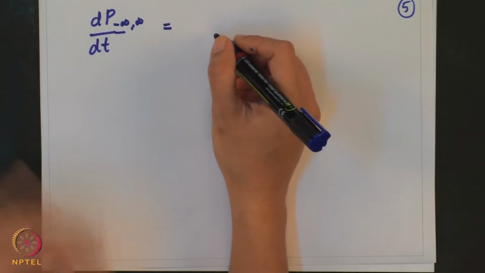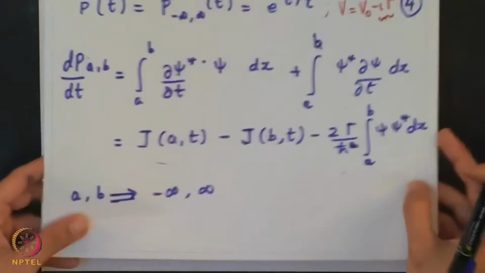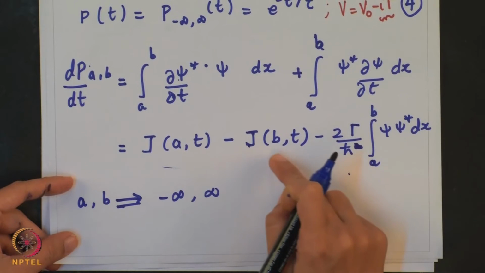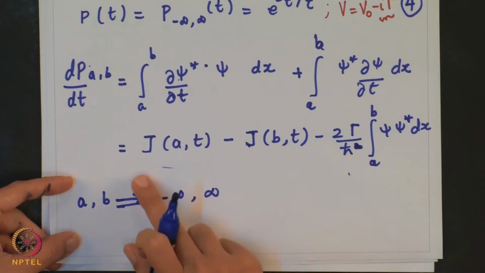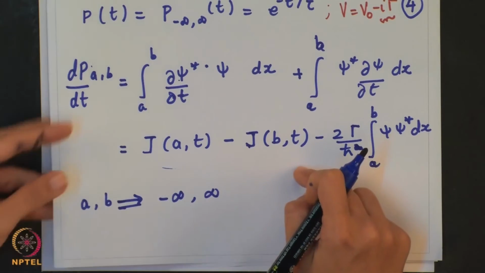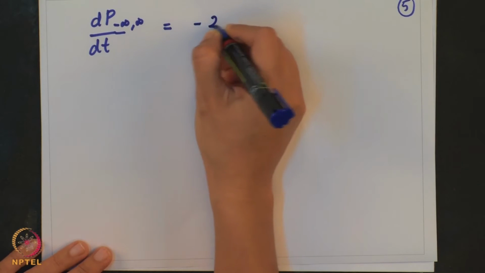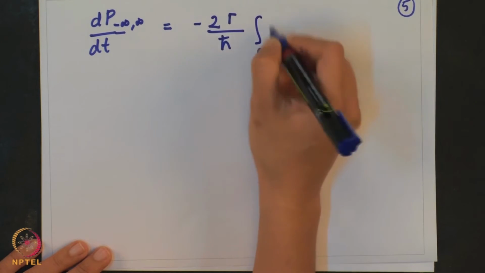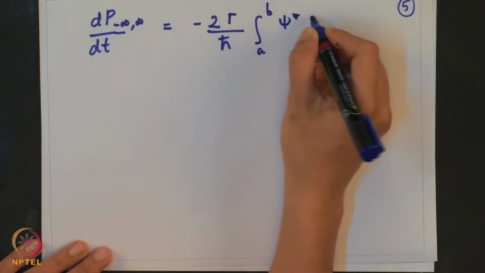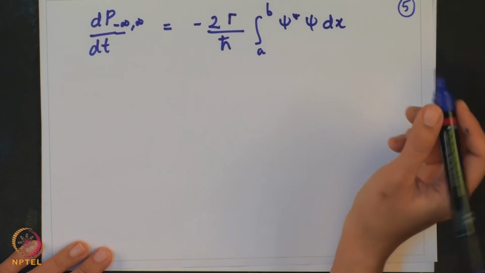As you all know, at minus infinity and plus infinity the current density will be 0 because the wave function at x is equal to infinity is 0. So, you will be left with 2 gamma by h cross times the integral of psi star psi dx.